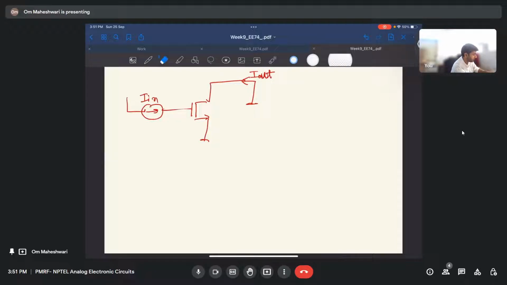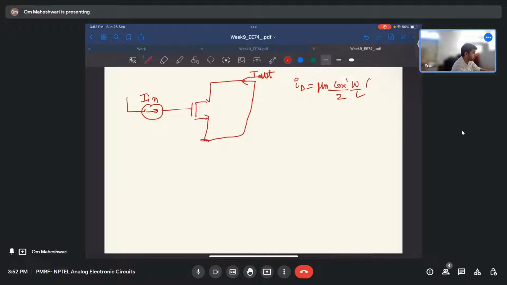This is a short circuit configuration. ID equals mu Cox dash by 2 W by L times VGS minus VT whole square. VDS is much greater than VGS minus VT, strong saturation. CGD equals COV because of this saturation.